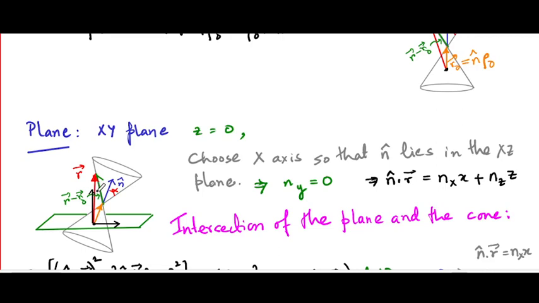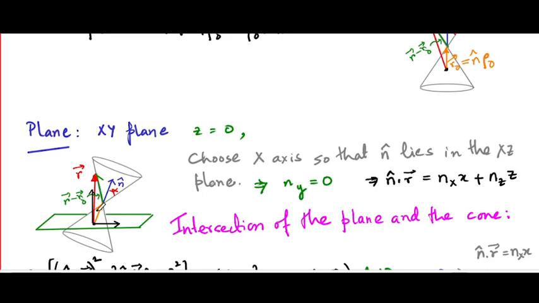Of course, at this stage, only the xy plane has been fixed, which fixes the z direction, but does not fix the x-axis or the y-axis. What we will do is, just to make our life a bit easier as far as the maths is concerned, we will choose the x-axis in such a way that n hat lies in the xz plane.